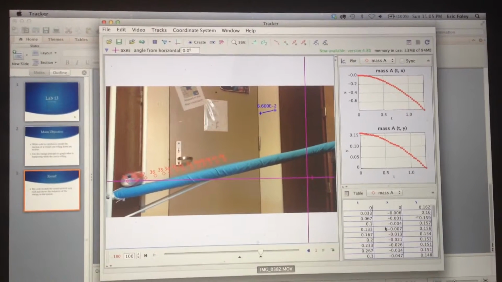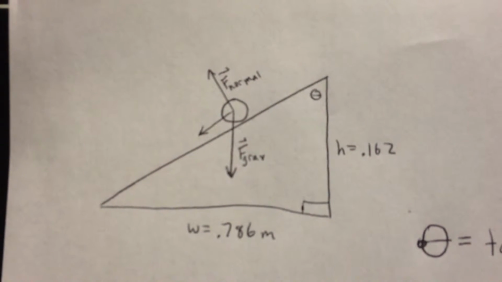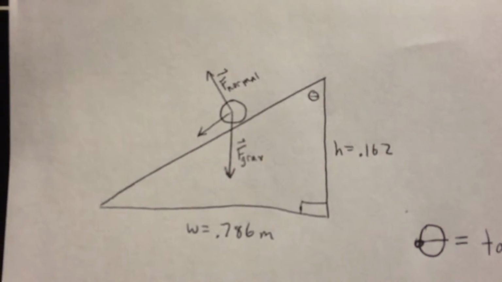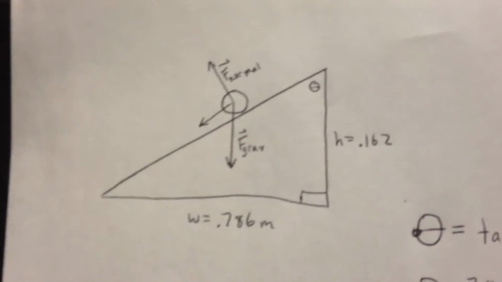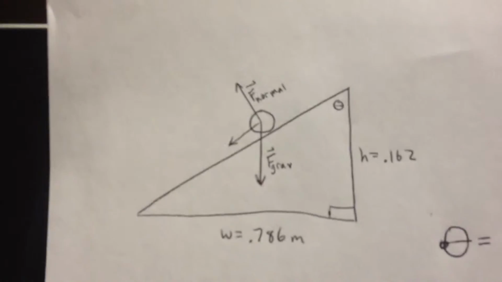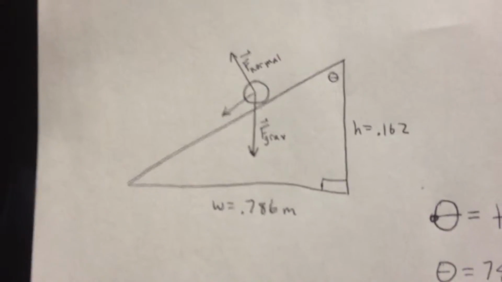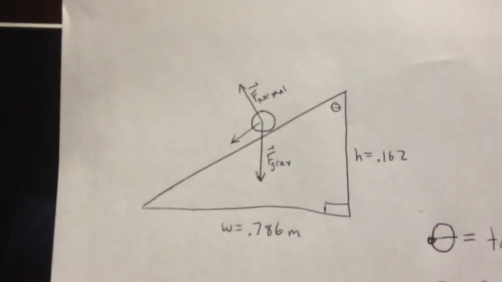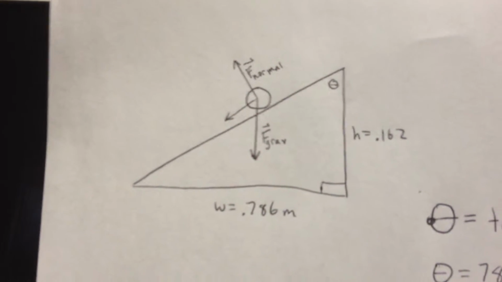Before I put everything into Python, I decided to calculate some things on paper because I wasn't sure how to use cosine and sine and diagrams in Python. So here is my diagram of the can rolling down the incline.